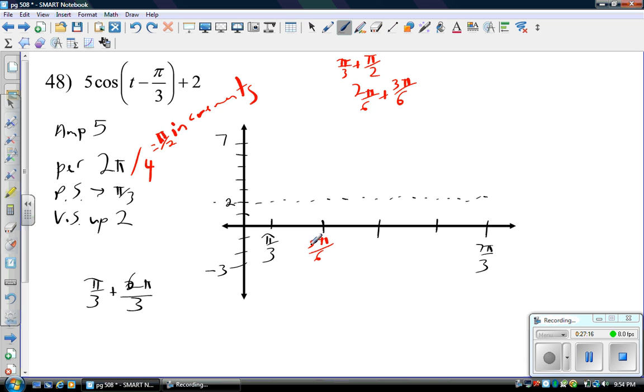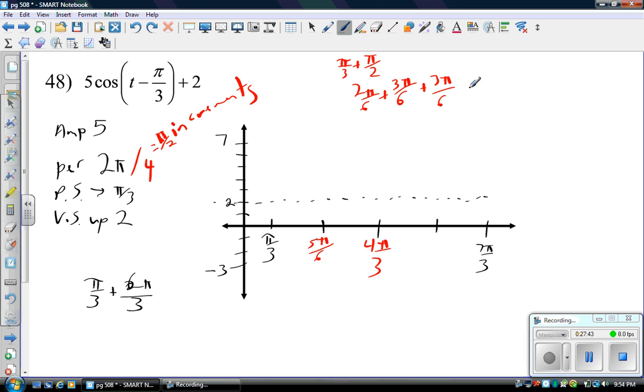Oh well, we'll keep going with it. The next increment: I take 5 pi over 6 and add another half pi. That'd be 8 pi over 6, which reduces to 4 pi over 3.